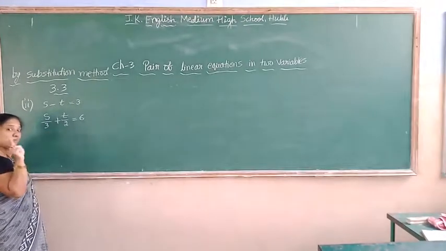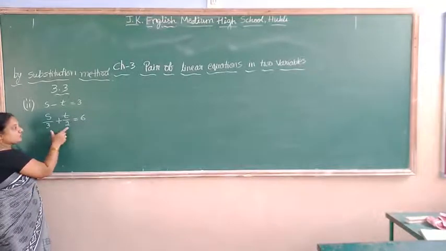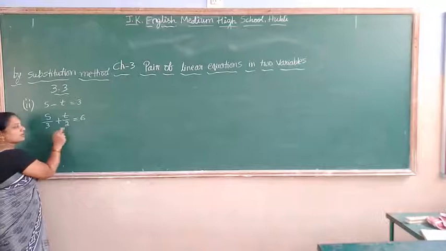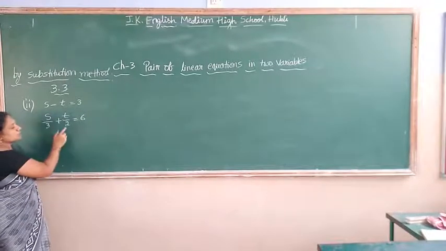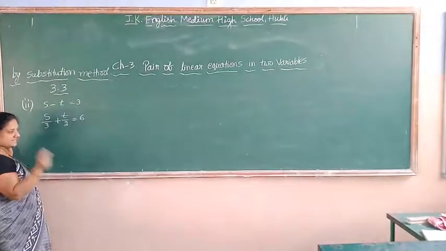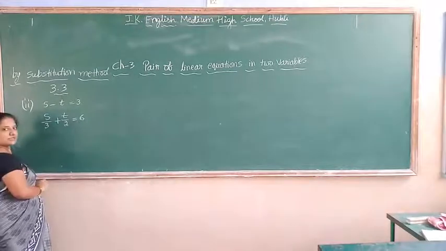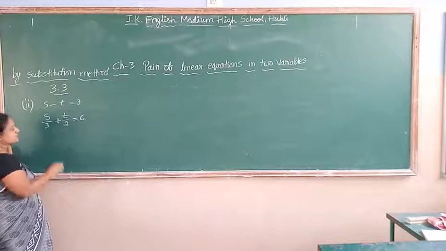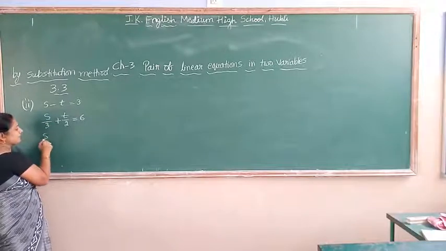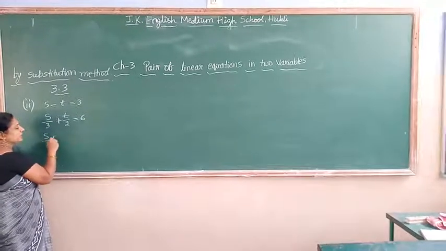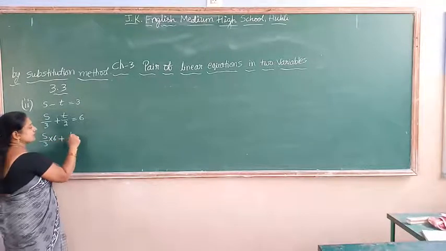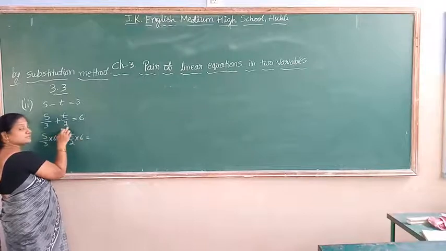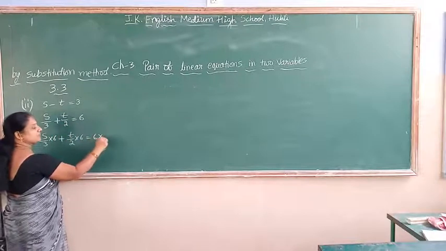If two numbers are prime to each other, then the LCM is the product of the two. So 3 into 2 is 6. 6 is the LCM, which means I have to multiply all three terms by that number. So I multiply s by 3 into 6, plus t by 2 into 6, and this term also I have to multiply by 6.